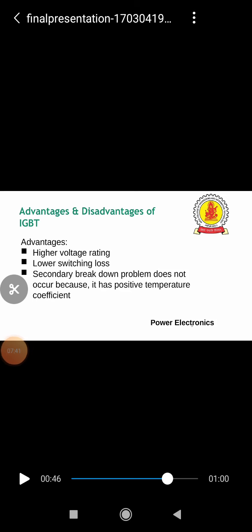Advantage and disadvantage of IGBT. Sorry, in this slide we wrote IGBT, that is MOSFET. Advantages of MOSFET: higher voltage rating, lower switching loss, and secondary breakdown problem does not occur because it has positive temperature coefficient.